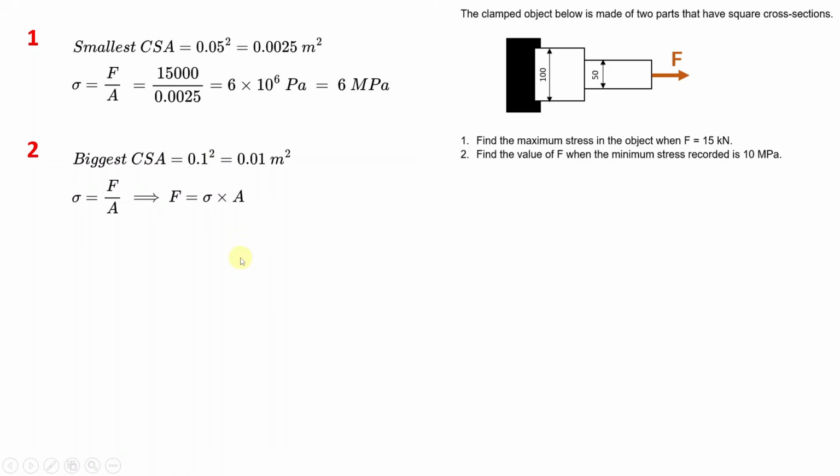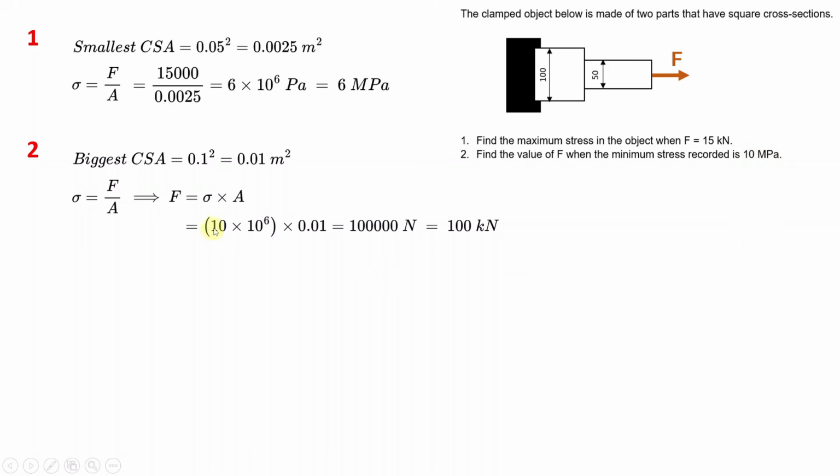And so we know that the stress is 10 megapascals, so we will multiply 10 by this cross-section area to find the force that we are looking for. And if we do that, this is what we get.